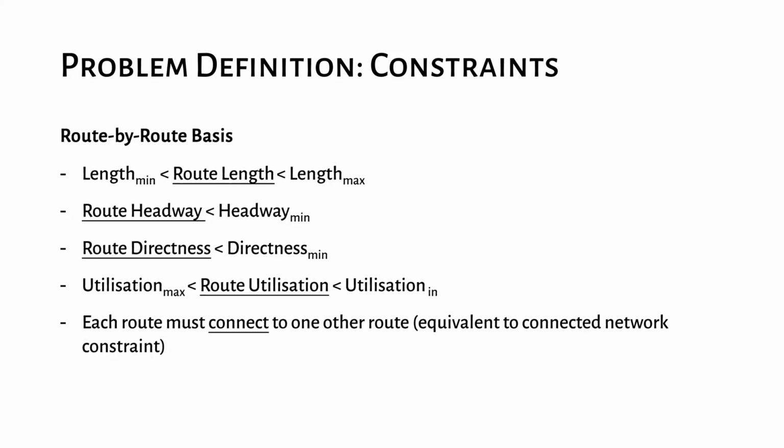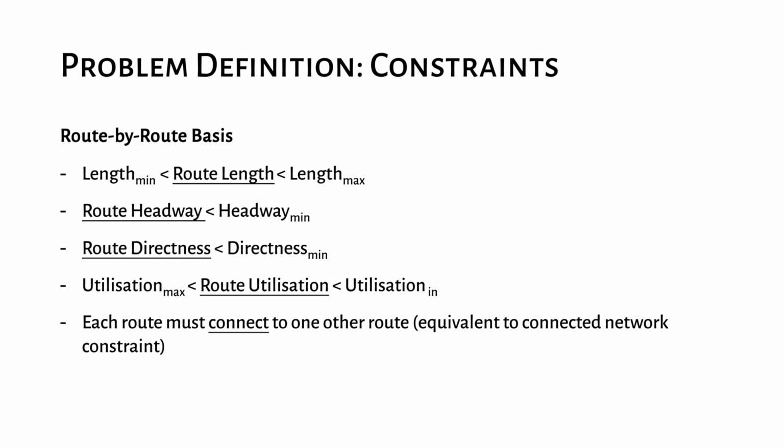As well as route-based constraints, for example, maximum and minimum route length to ensure that you don't plan routes that are either too long or unusable because they're too short. Minimum headways, directness, that's something that may or may not be useful depending on your network structure. There are times where you have routes that are just not as direct as they should be, but that is an issue.